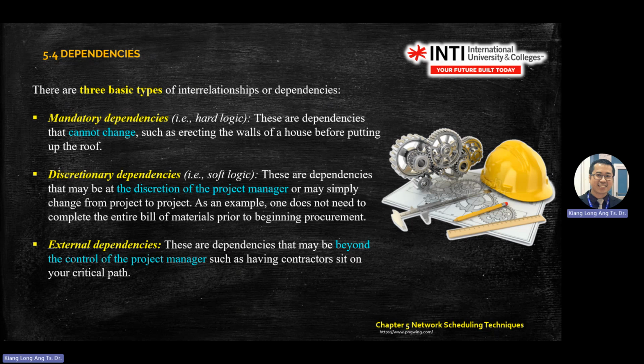Something like that: economy, society, and maybe some disease. For example, COVID. COVID comes, it's outside the control. All right, so some projects you cannot do, some construction you cannot do, and so on.